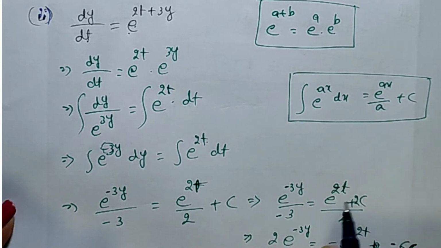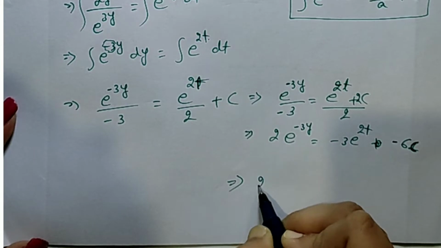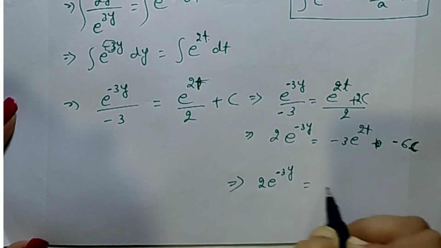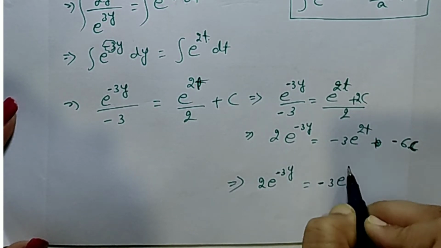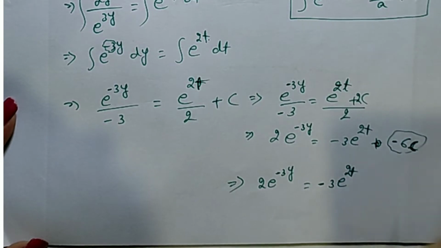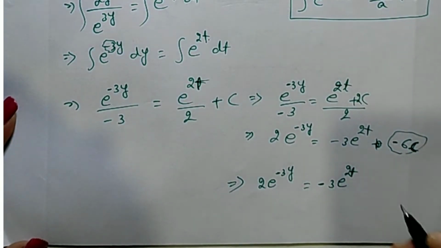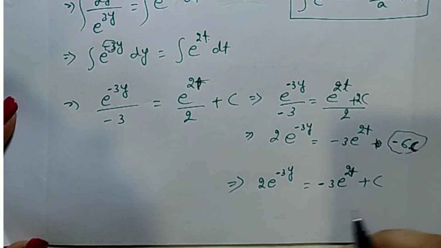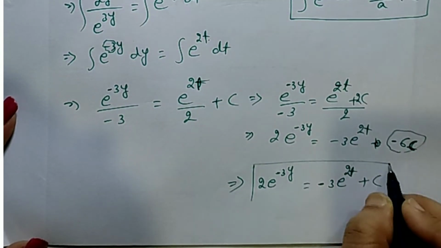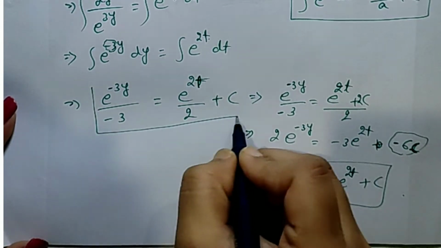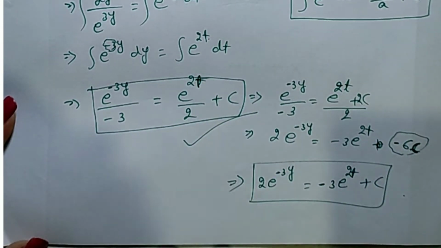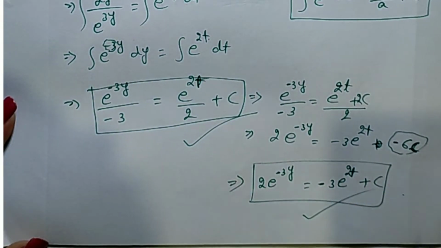This 3 is multiplied here, which implies 2 e power minus 3y is equal to minus 3 e power 2t, and this is a constant. C is a constant. Whatever is multiplied with c must be a constant, so I can write it as plus c. Okay, this is our general solution. If you write this, it is also correct, or if you want to simplify to some extent, then this will also be correct.